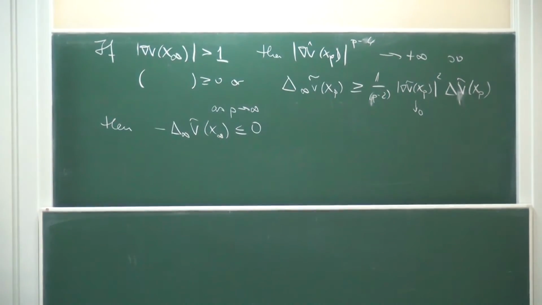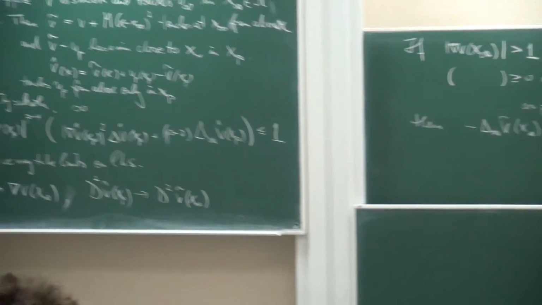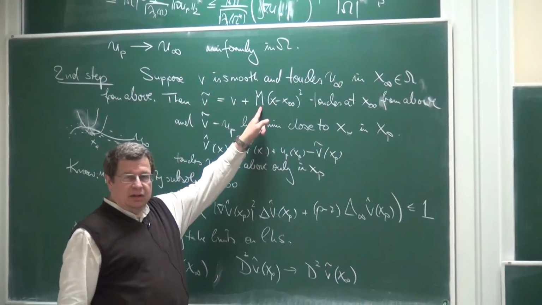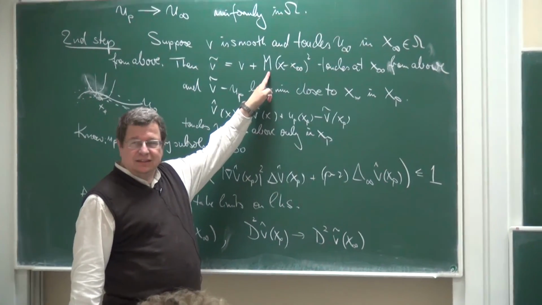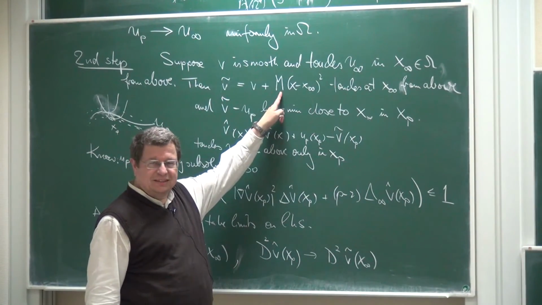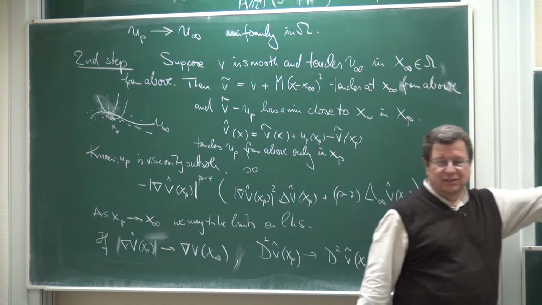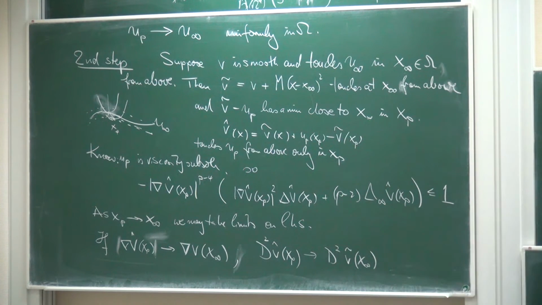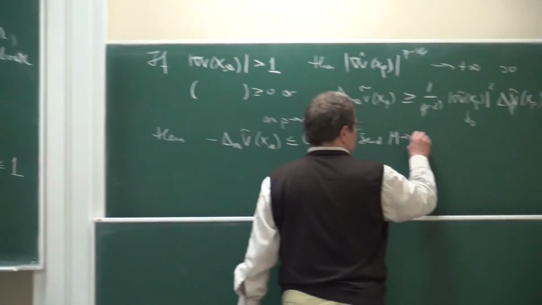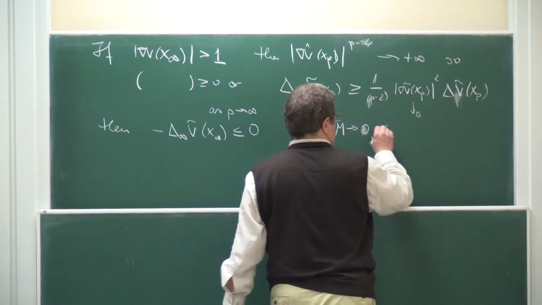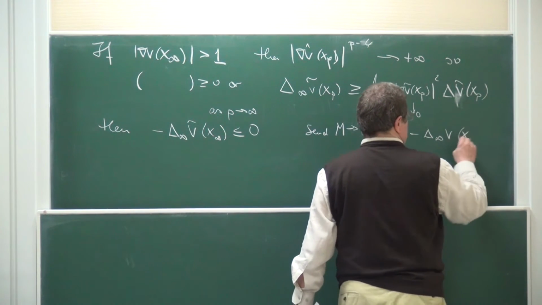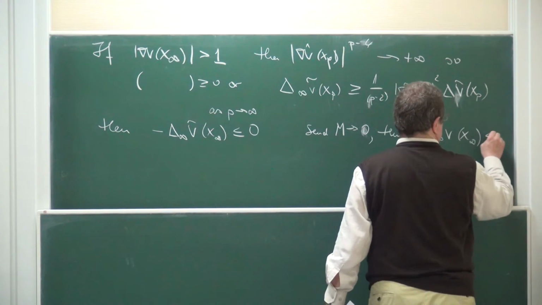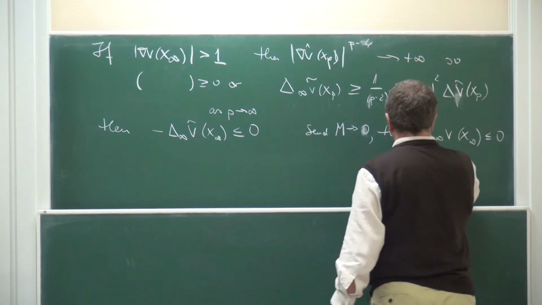Now you can do that for any number m here. If you make the number m small and let it tend to 0, this still remains true. Send m to 0, then minus the infinity Laplacian of v in x infinity is less or equal to 0.